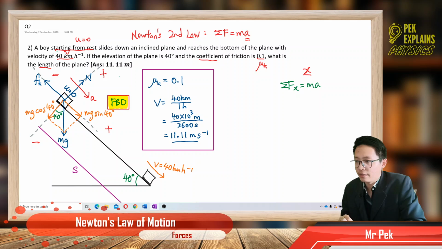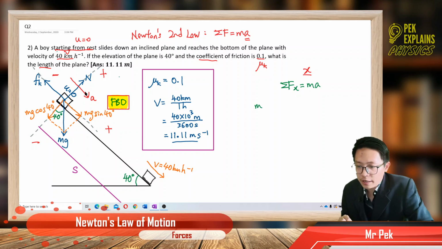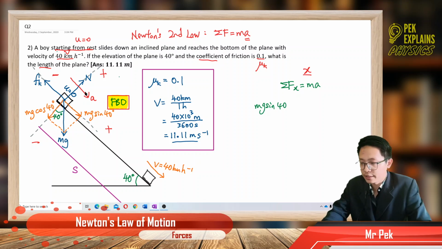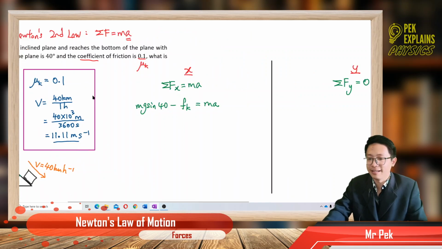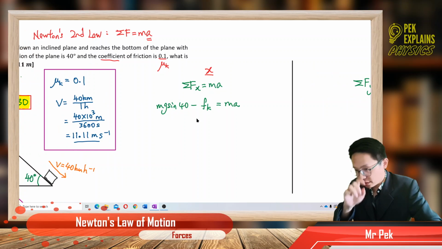So let us write down: mg sine 40 positive, friction negative, negative friction equal to ma. You see that?